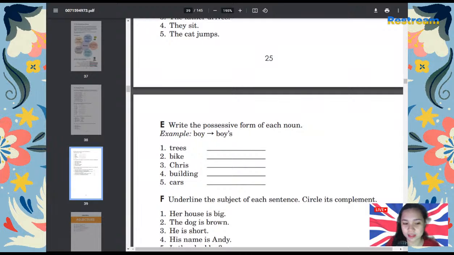Okay, how about this? The building. How can we make it into possessive form? So we will add what? An apostrophe or with the letter S? Is it the same thing as Chris and trees, or the same as the bikes?